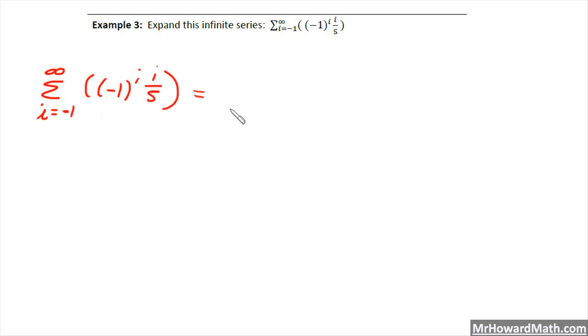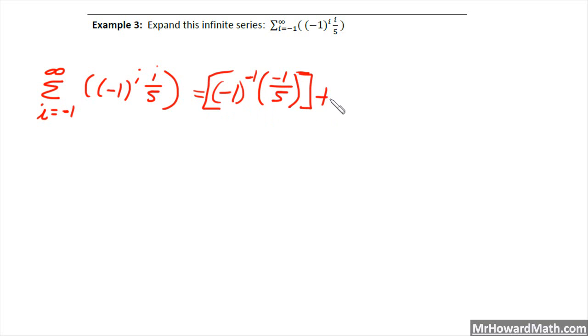So we're going to start with -1, plugging that in for the i value here and here. And that would be -1 raised to the -1 power times -1 over 5. And close that parentheses, put that in brackets there.